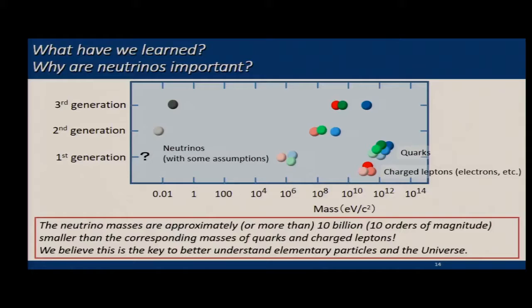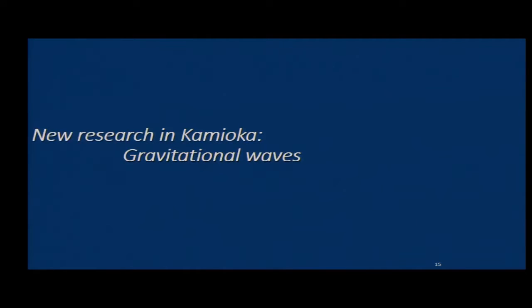So neutrino masses are extremely small, and we believe this is important, and we believe that this is the key to better understand elementary particles and the universe. So this is what we did in neutrino physics. And in the remaining time, I want to talk about the new research in Kamioka, that is, gravitational waves.